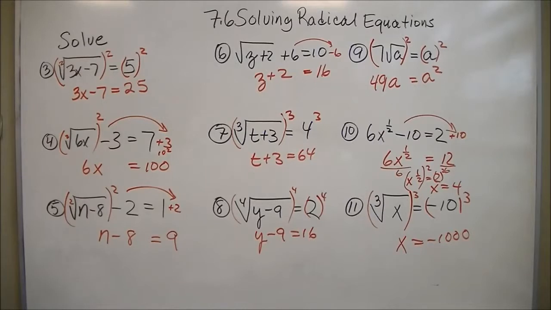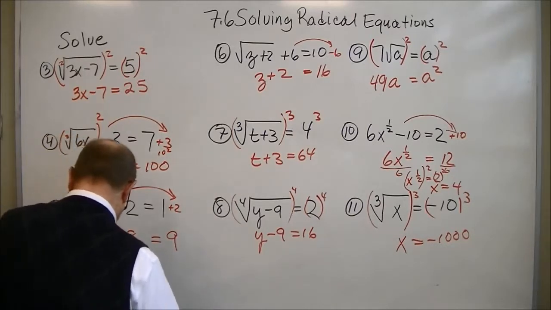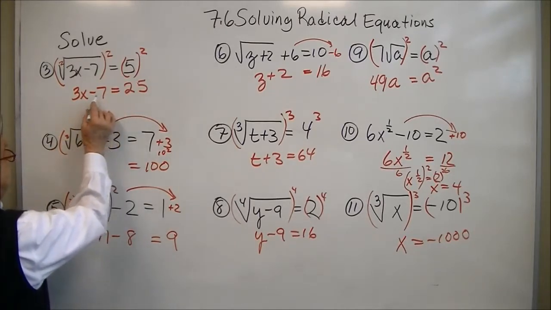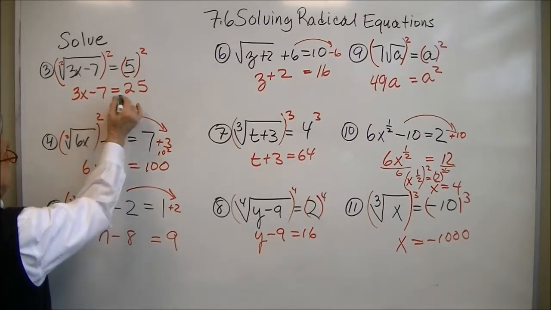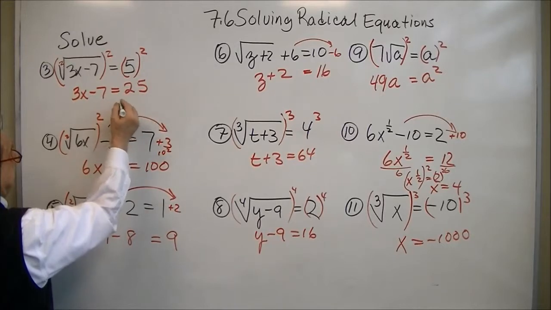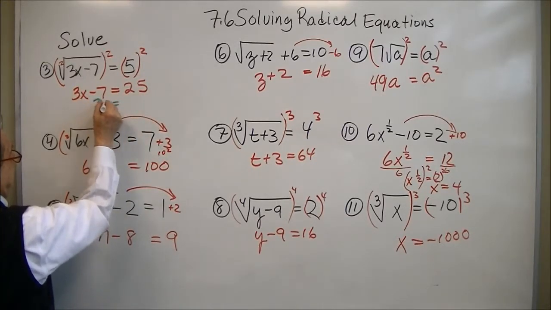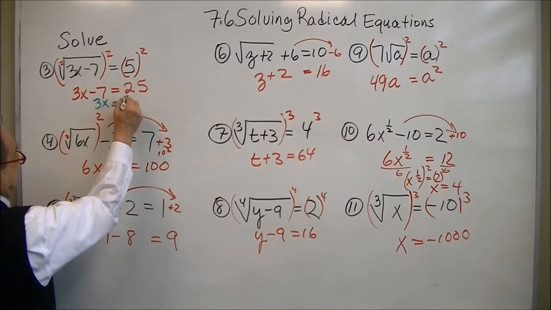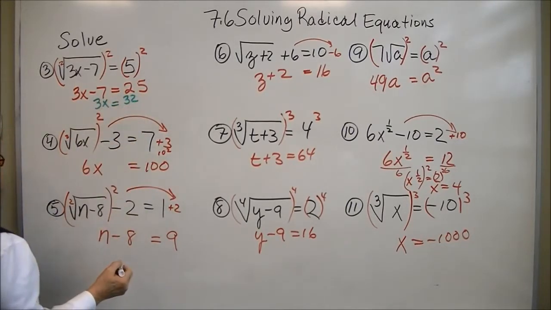But let's go back. Let's change colors, make this colorful. So here we're going to add 7 to both sides, and we get 3x equals 32.